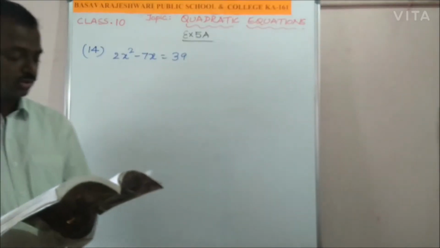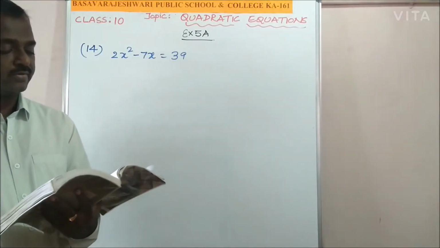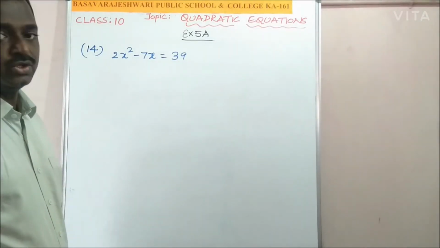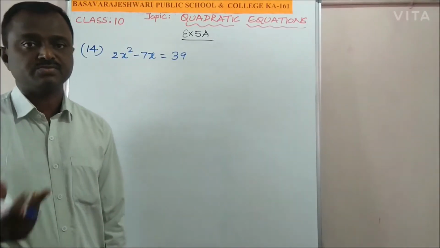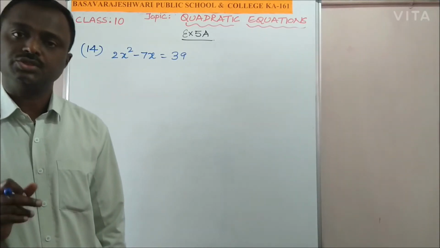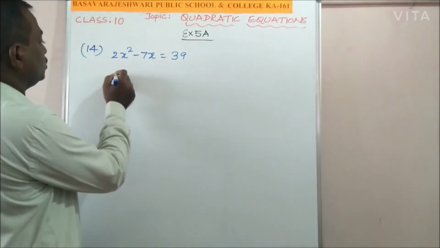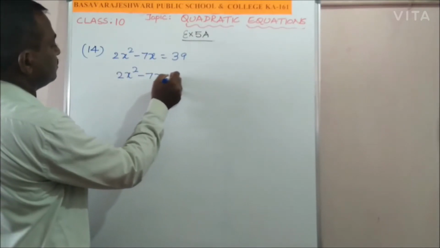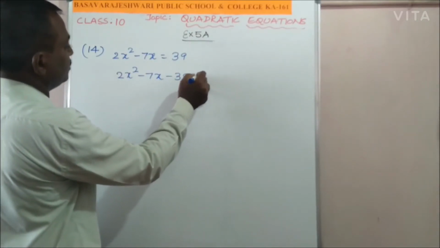So now 14th question. 2x square minus 7x is equal to 39. Now bring it to standard form, ax square plus bx plus c is equal to 0. So 2x square minus 7x minus 39 is equal to 0.